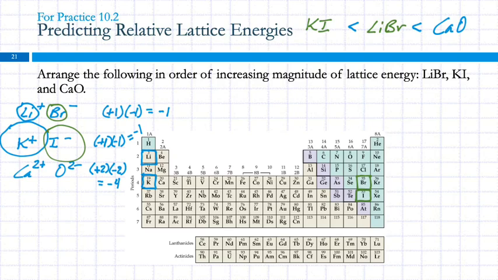They can get closer together. So E is proportional to Q1 Q2 divided by R. If R is small, then E is big. If R is big, then E is small.